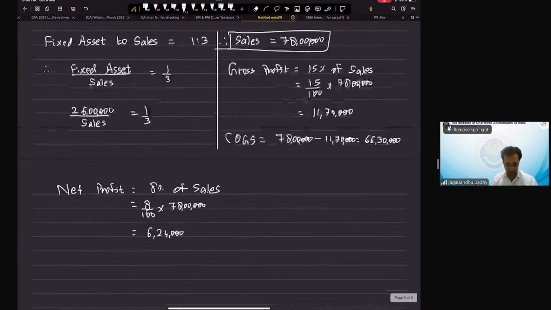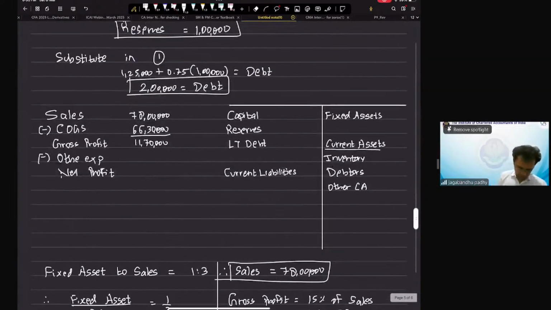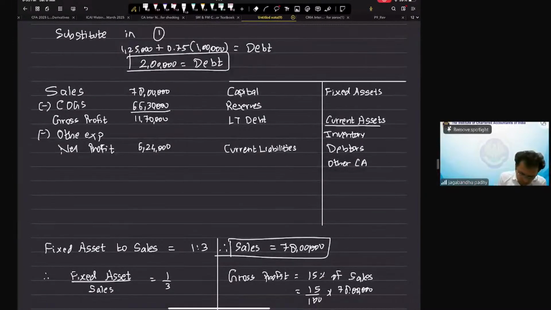Net profit is 6 lakh 24,000. So if net profit is 6 lakh 24,000, of course, the other expenses is going to be a balancing figure, which is 5 lakh 46,000. Okay. So P&L is complete.